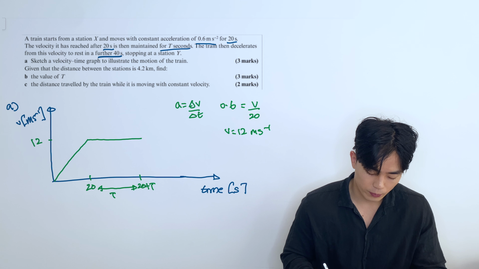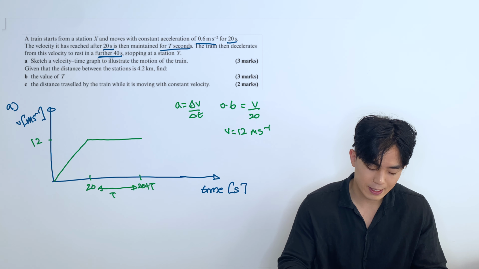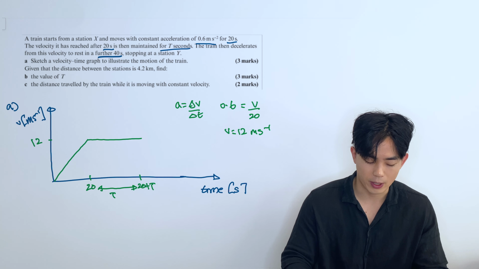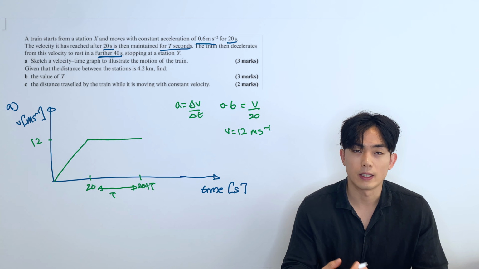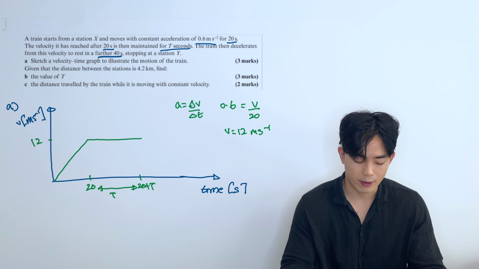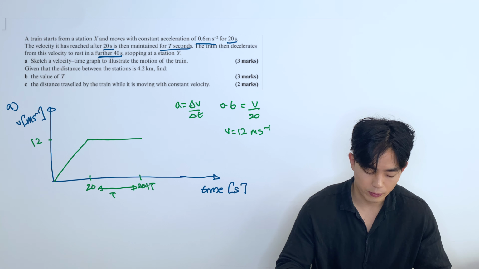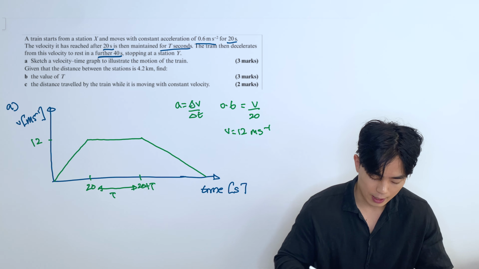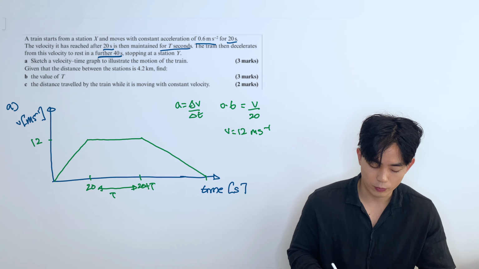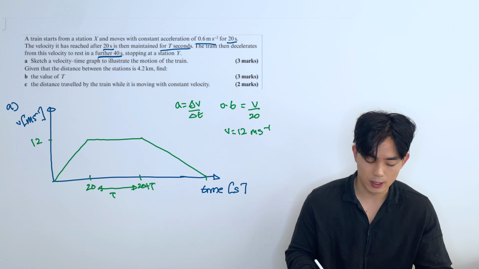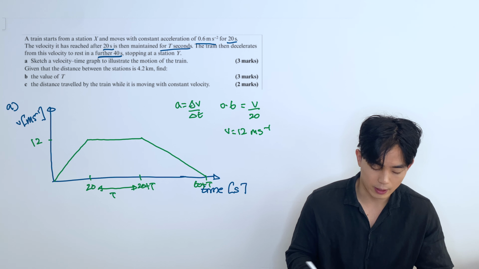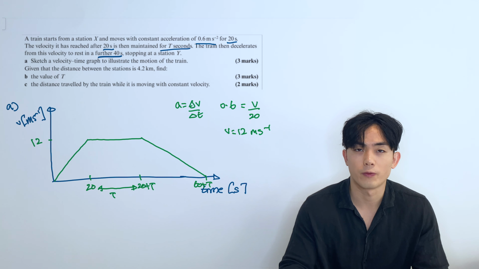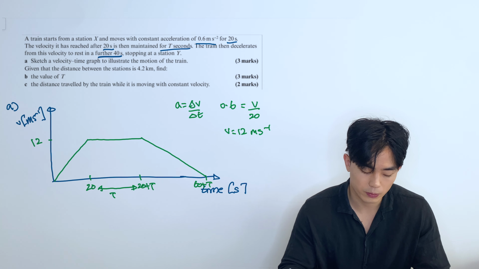And finally, it decelerates for a further 40 seconds, stopping at station Y. So it's going to start from 12 and reach 0 again, over 40 seconds, so it's going to look something like this. This time here will be an extra 40 seconds added onto 20 plus t, so it's going to be 60 plus t. So this will be the velocity time graph for this example.